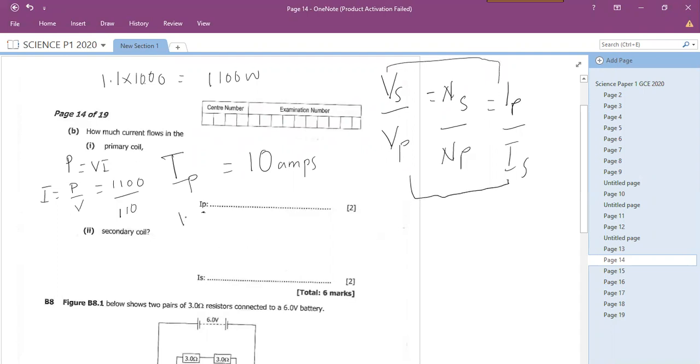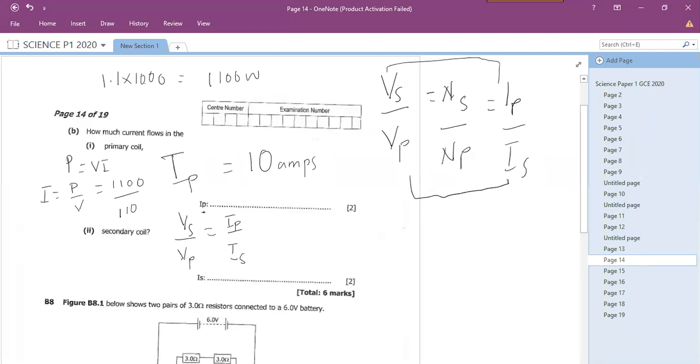So we're going to say voltage in the secondary coil over voltage in the primary coil is equivalent to current in the primary coil over current in the secondary coil, since we want to find current now.